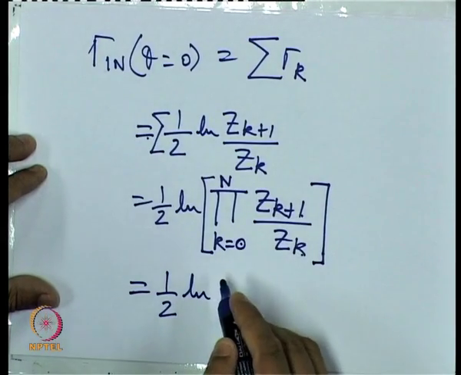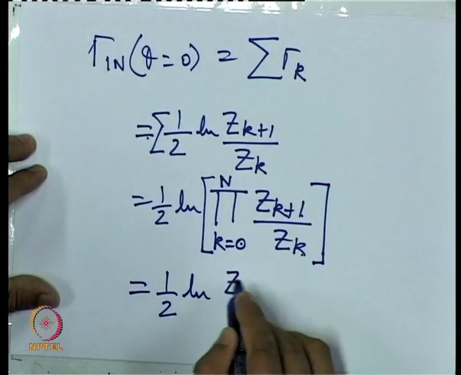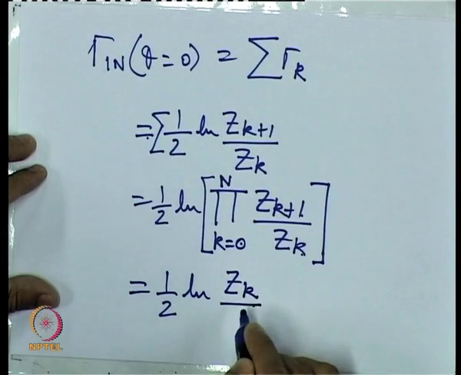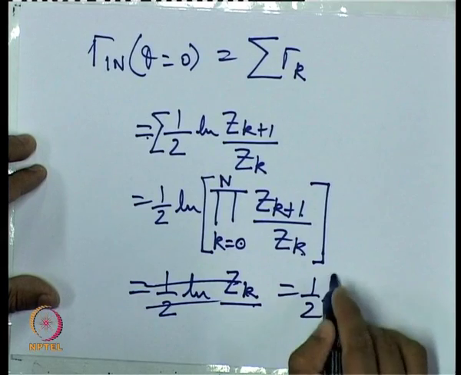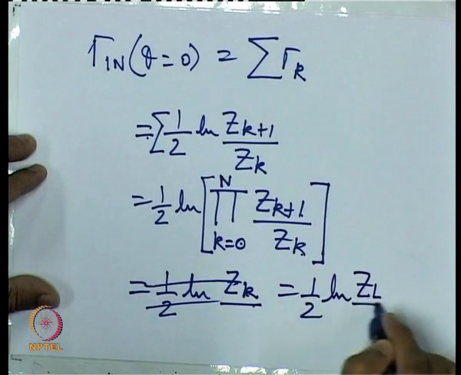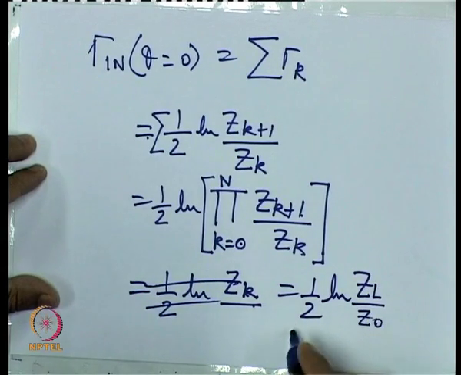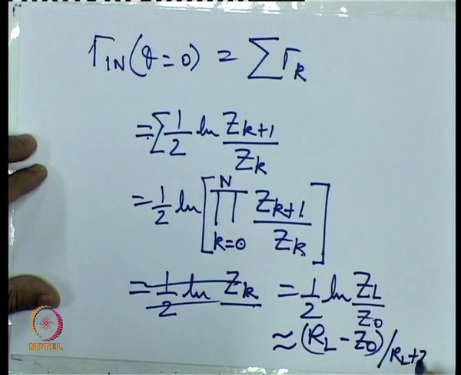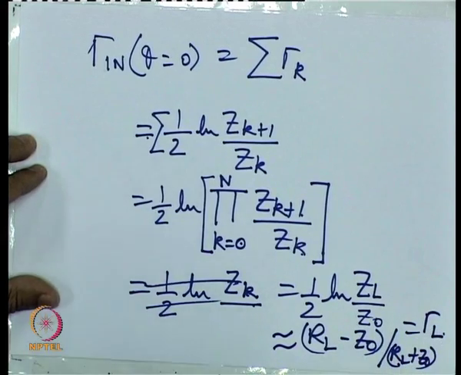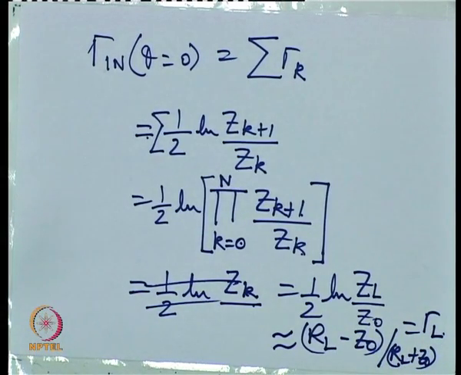The terms will cancel out each other if we take this product, and we will be left with simply ln ZL upon Z0, which is again approximately equal to this expression, which is equal to gamma L. So now we have obtained a self-consistent solution.